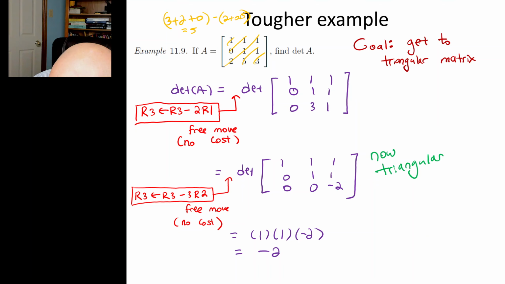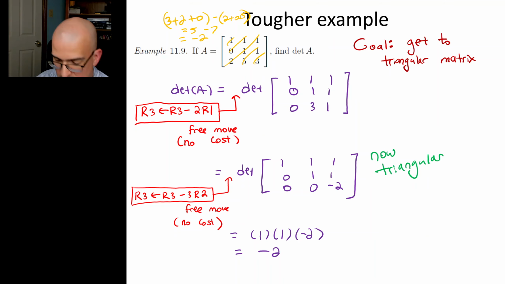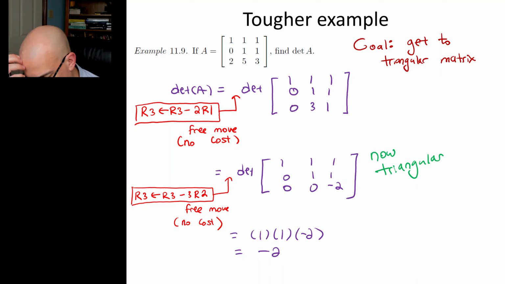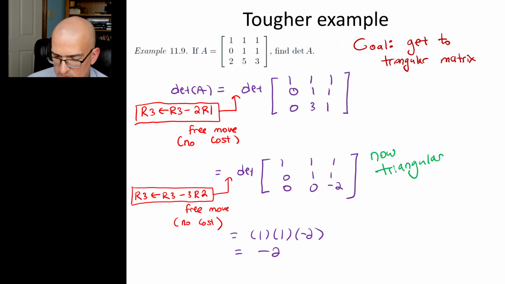So 5 minus 7 is -2. So same answer using the secret method. The secret method's faster, with less writing, but if you're working on a 4x4, there is no secret method, and this method, the one that's on the slide, will work.